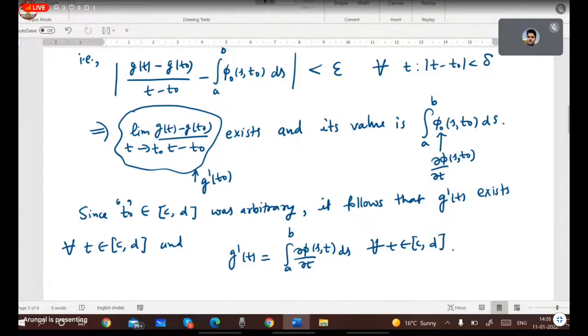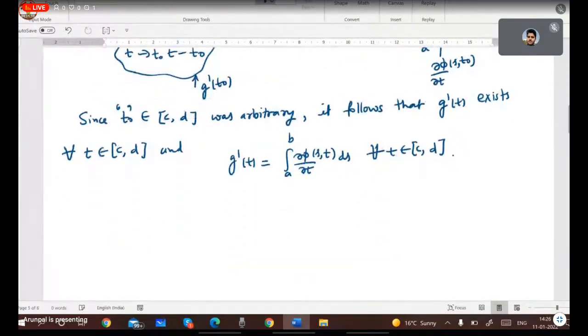It means now I can say this for every element of closed interval c, d. Is this okay, class?